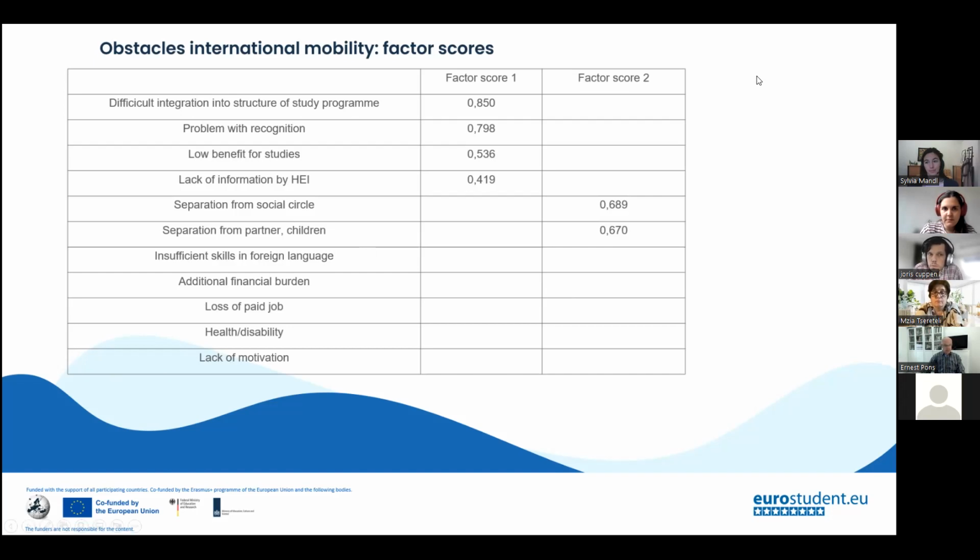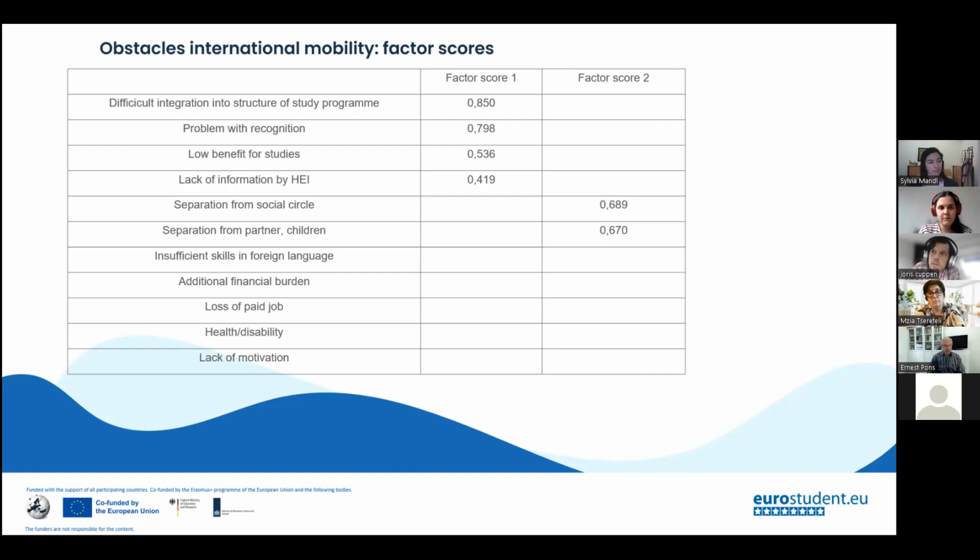But you can also see that in the bottom 5 rows, there are different items which don't belong to either one of those. And when you look at those, it kind of makes sense. For instance, health or a disability would be less related to the others, whereas being separated from your social circle or from your partner and children would be more related. Same goes for a foreign language, for instance.